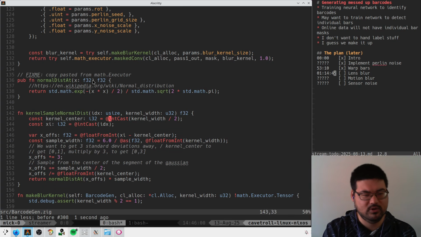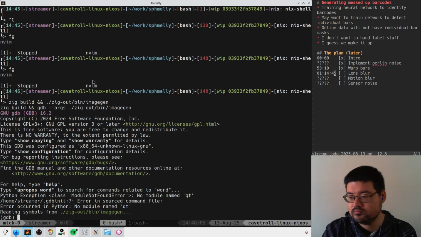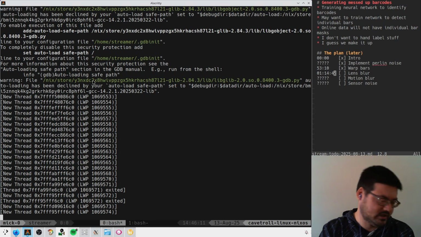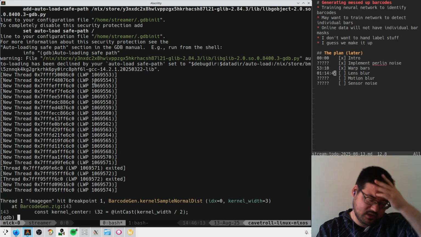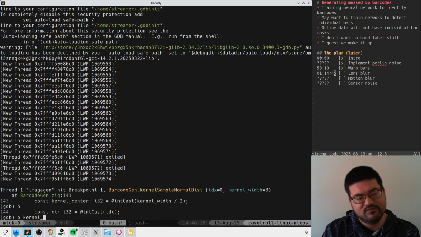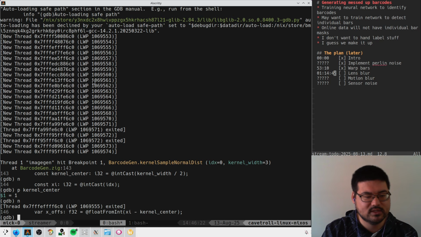So, can we GDB this? It takes a while because I think GDB freaks out when all of the OpenCL stuff is loading. Okay, kernel center is 1. That is correct.